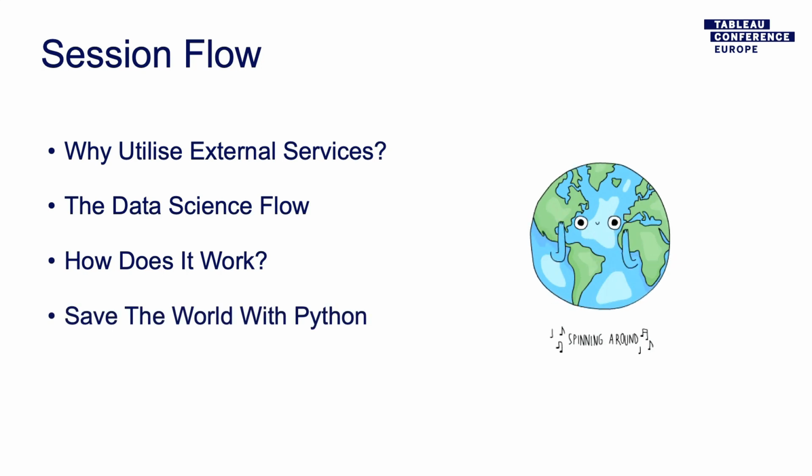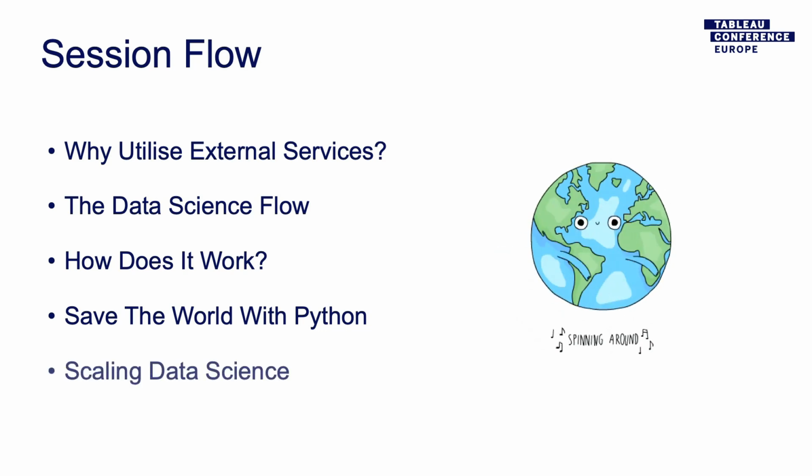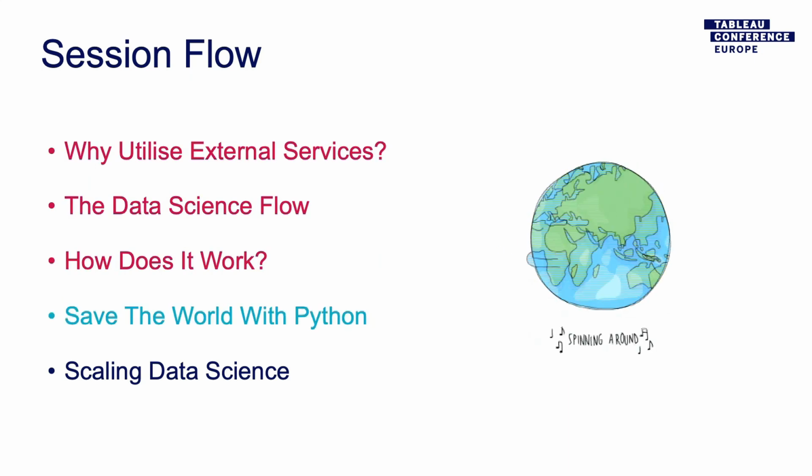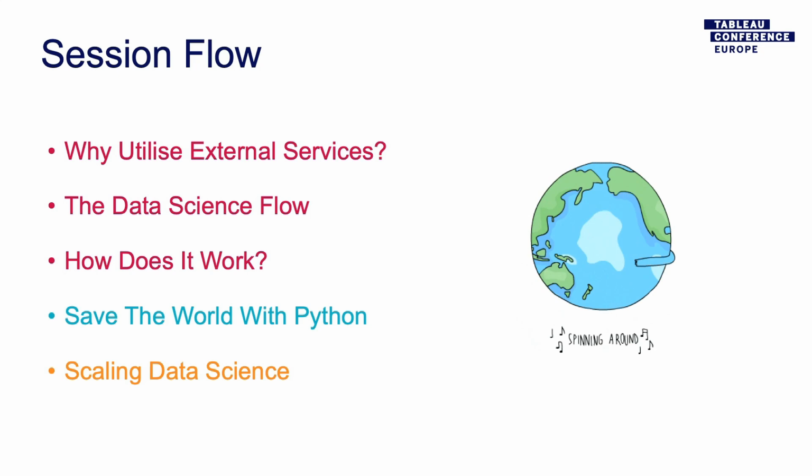Then it's on to saving the world, which is quite ambitious in an hour, but I'm going to give it my best shot. And then finally, how can we scale this? How can we make this helpful for lots and lots of people? So essentially, we're going to start off with a bit of theory, jump into some practical examples, and then look at how that can scale across an organization.